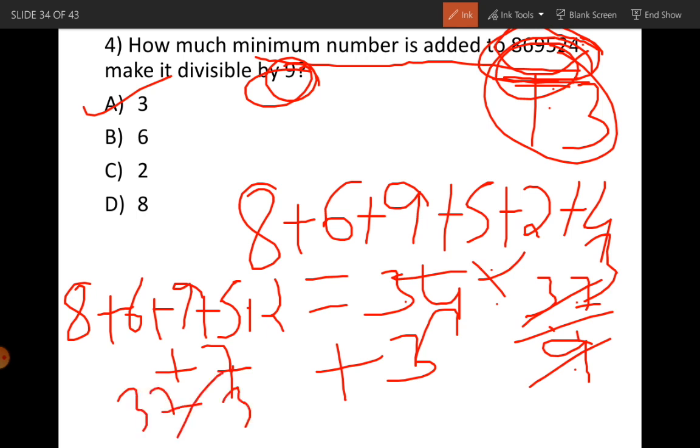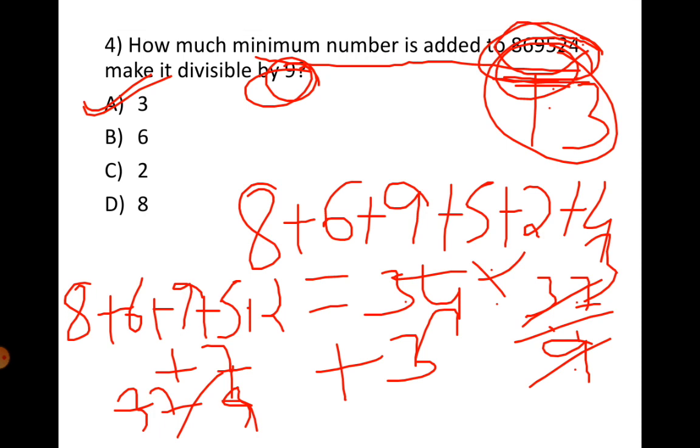So 37 is divisible by 9. I tested the questions like this so that the level is increased. So option A, which is 3, is the correct answer.